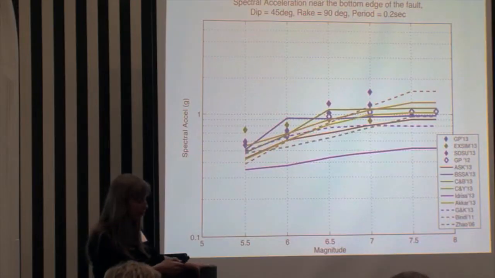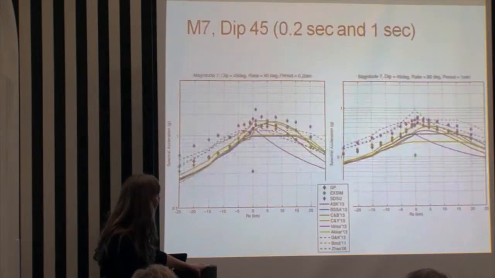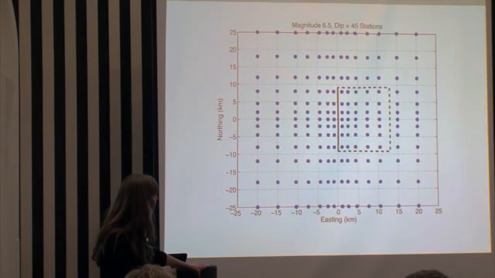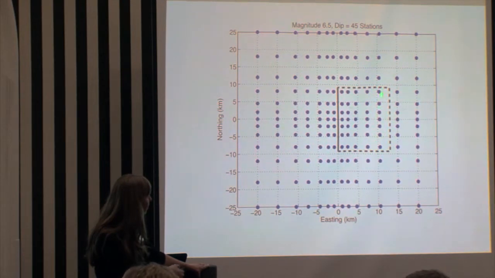Right. I haven't gone back, so let me go back to the map. Okay, so this is taking basically between, right, from here, all 32 realizations for each one of these stations and interpolating between the two to get the spectral acceleration at this point.